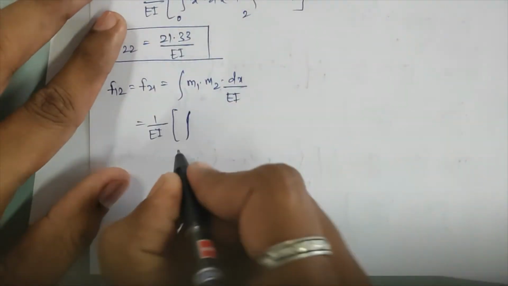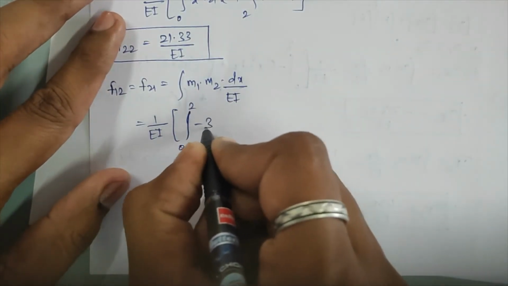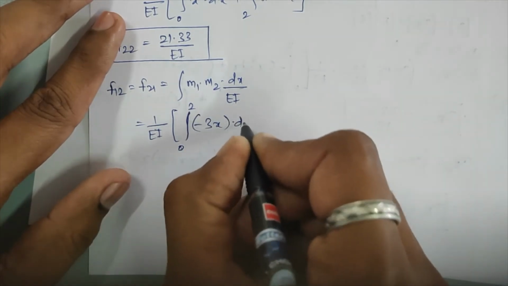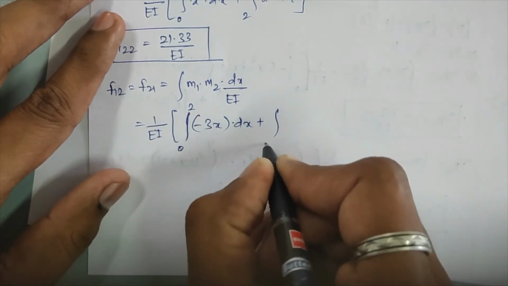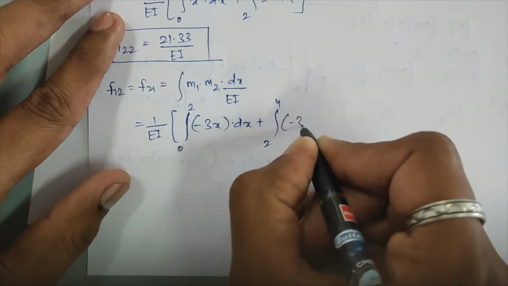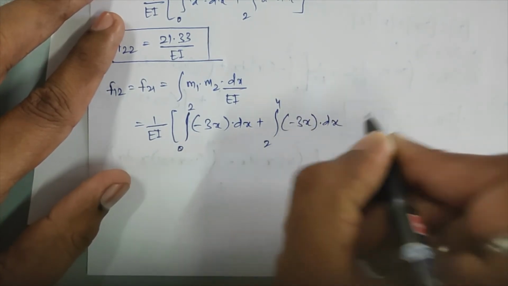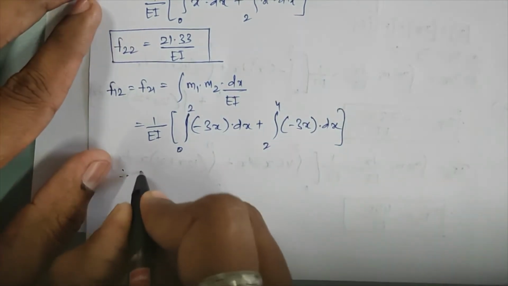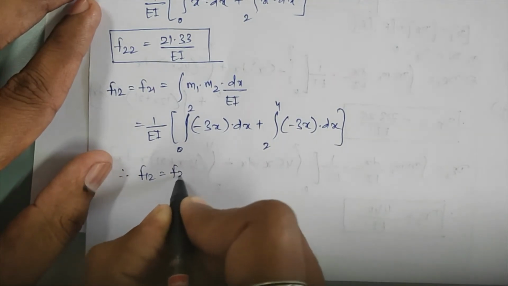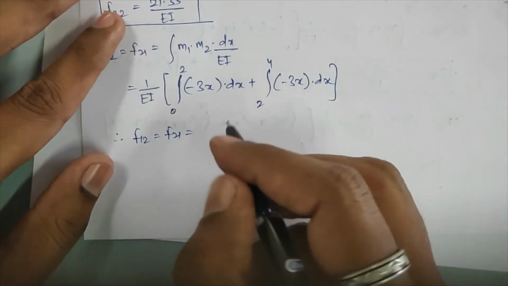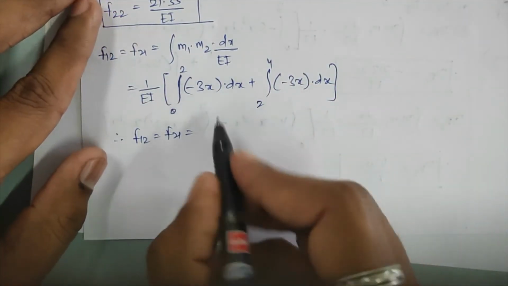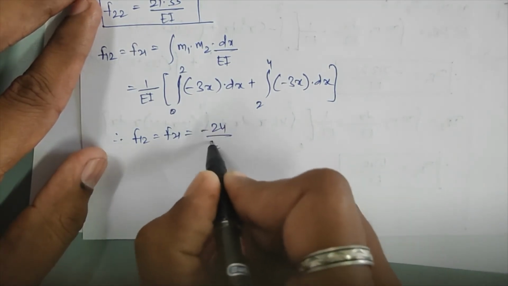So integral 0 to 2 of minus 3x dx plus 2 to 4 of minus 3x dx. So I have got f1 is equal to f2 equal to minus 24 upon EI.